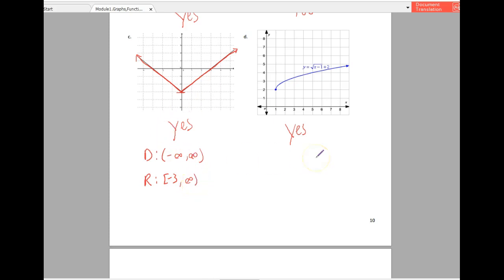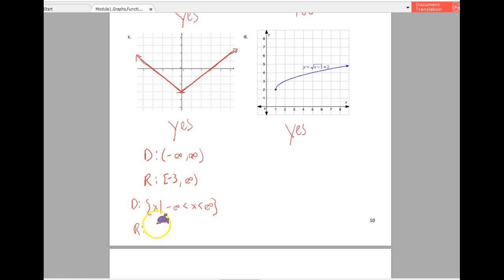And just to practice again, if I had to write this in my set builder notation, the domain would be the set of x's such that, again, it's going to be negative infinity up to infinity, using the less than, never equaling infinity.